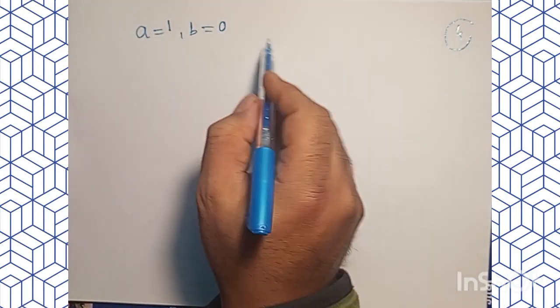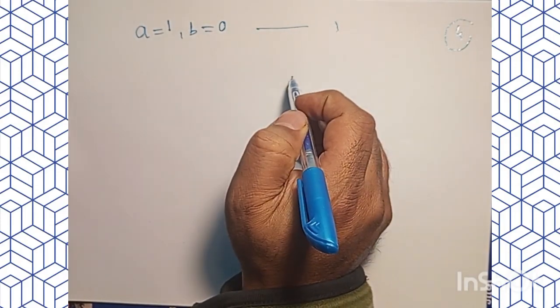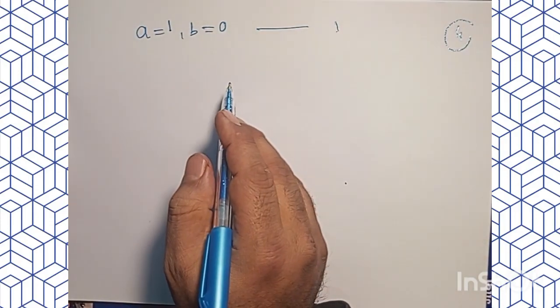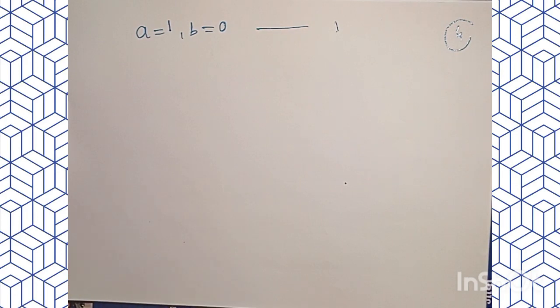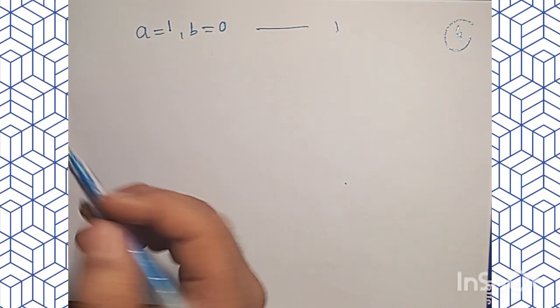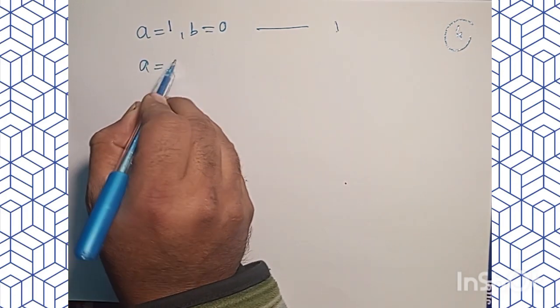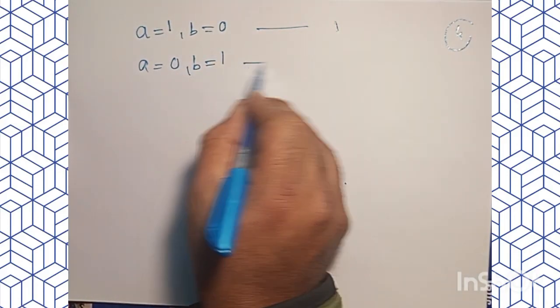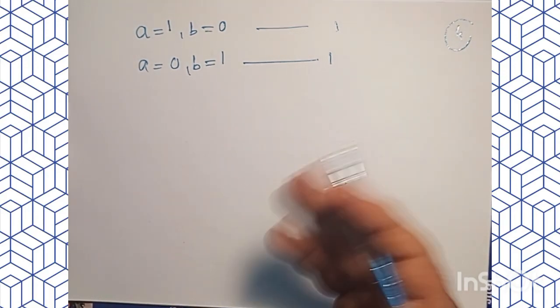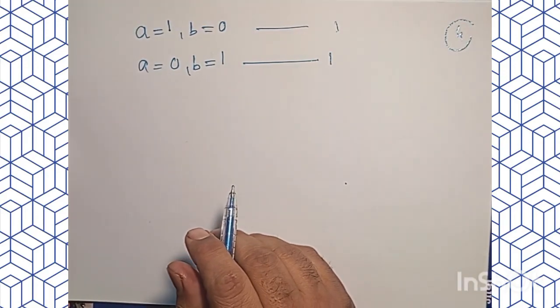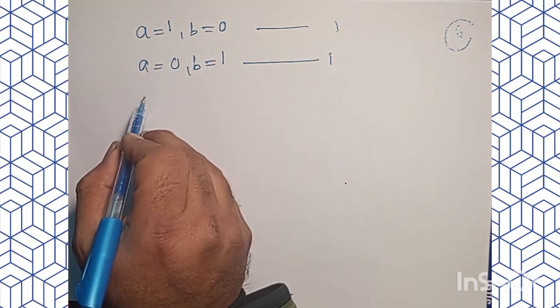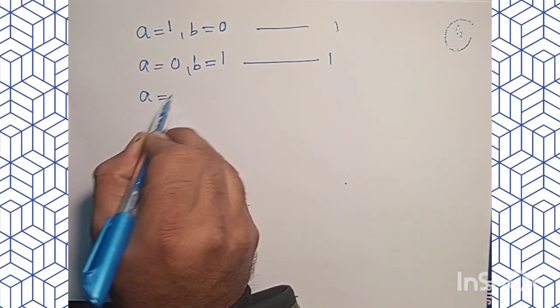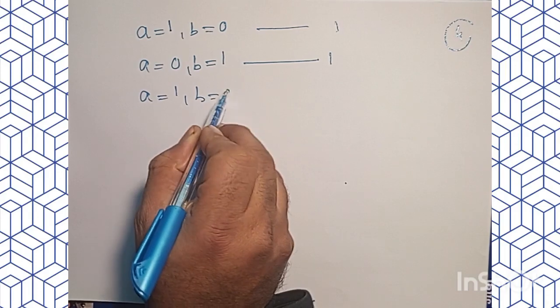Only then can I have the overall value equal to 1. And when the electron is in the excited state, A is equal to 0, then B should be equal to 1, to get 1 as the sum of the two probabilities involved. And ultimately, I can again come back and say A is equal to 1 and B is equal to 0.